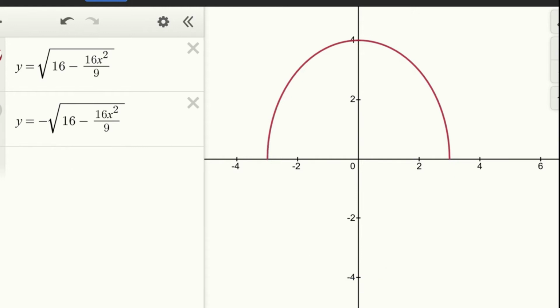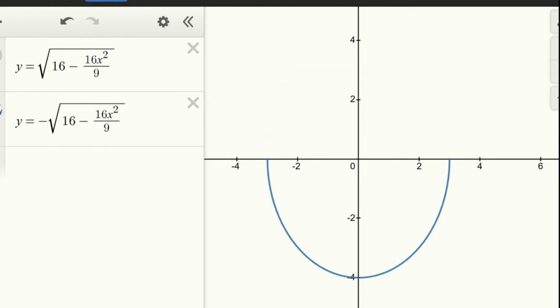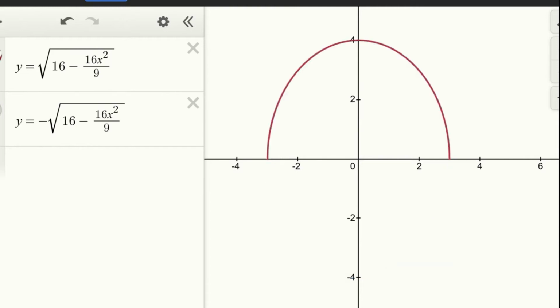And if I look at the negative case, that will generate this one. If I look at each one alone, notice they both represent functions, whether I look at the blue one or the red one. So with every ellipse, there are two different functions that you can obtain.